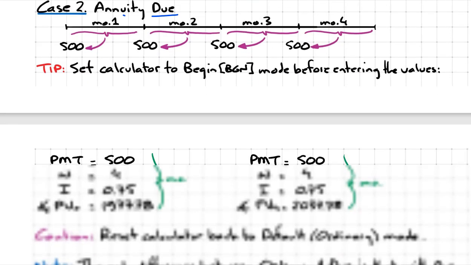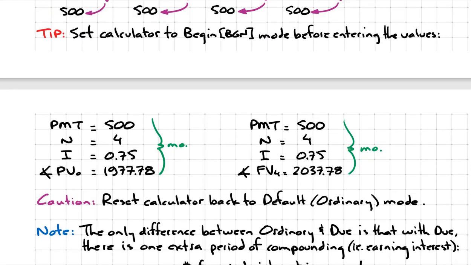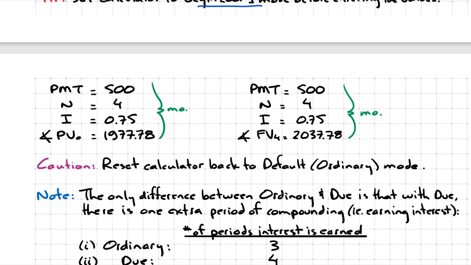All right. So assuming you set your calculator to begin mode, you enter the same values, because now the calculator will do the work for you. So same inputs, 500 per month, for 4 months, you're making 0.75% per month. Calculate the present value, it will be worth $1977.78.